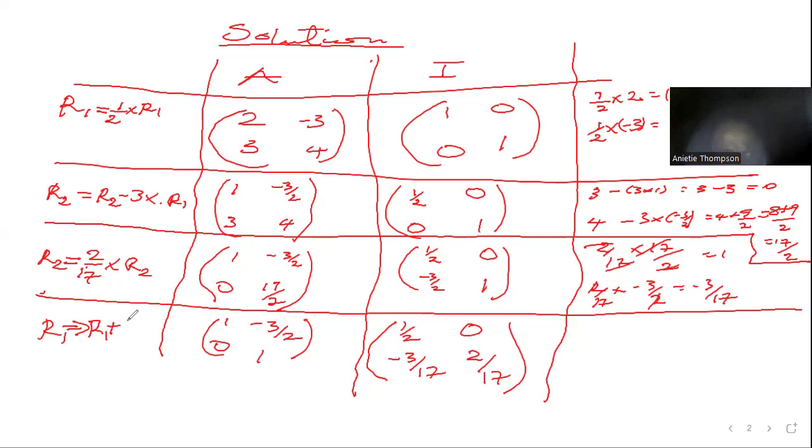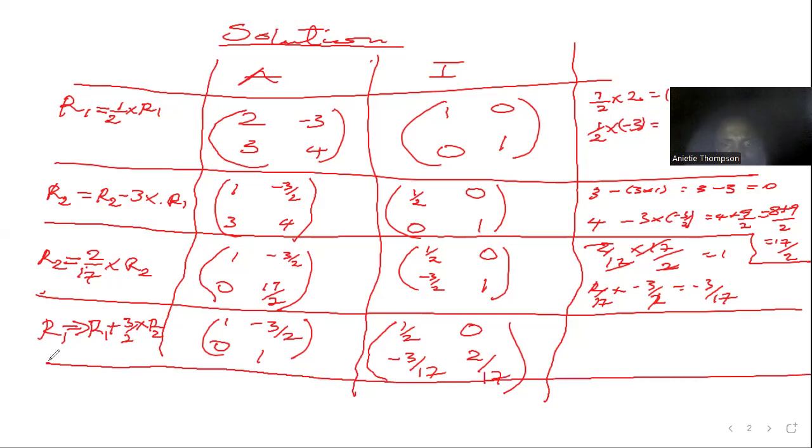So it will become 3 over 2 times row 2. So the operation will go thus.